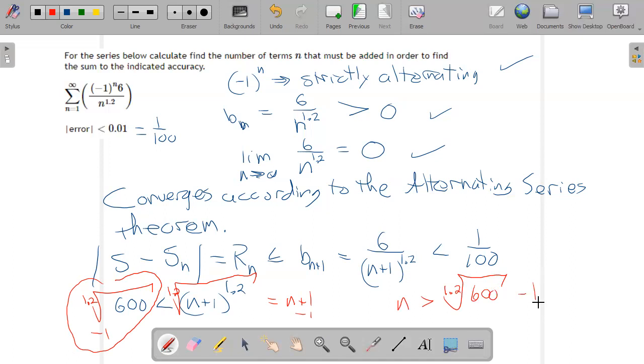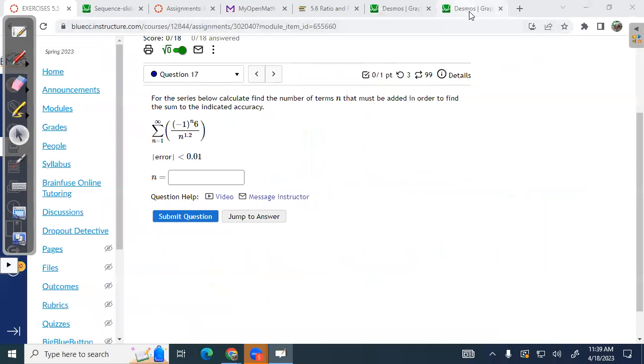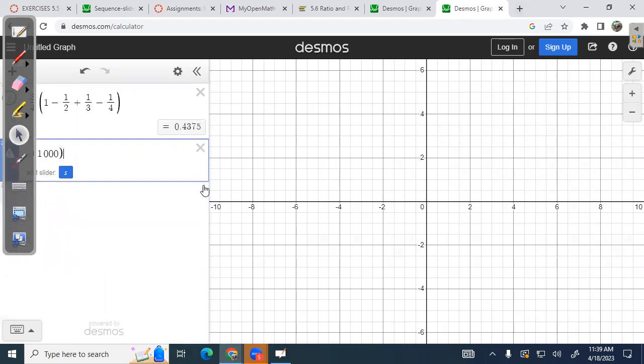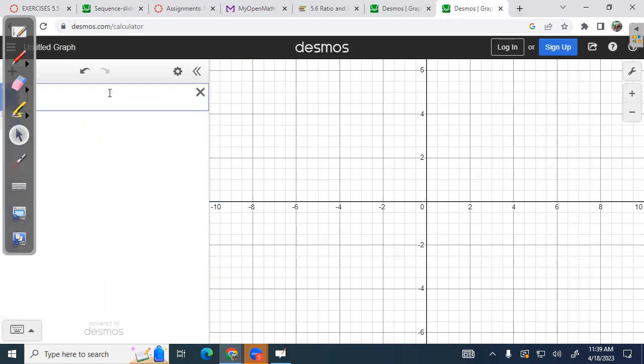Calculator, let's see what that number is, and we'll test and see if that's reasonable. Easier than the root button, I'm just going to raise 600 to the power 1 over 1.2, and then subtract 1 from that.